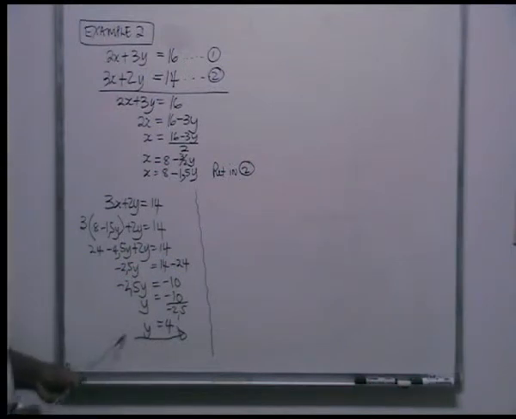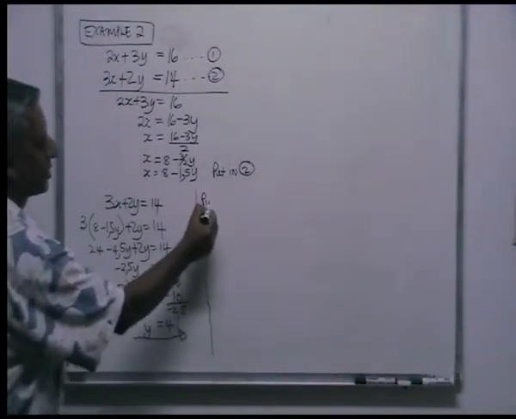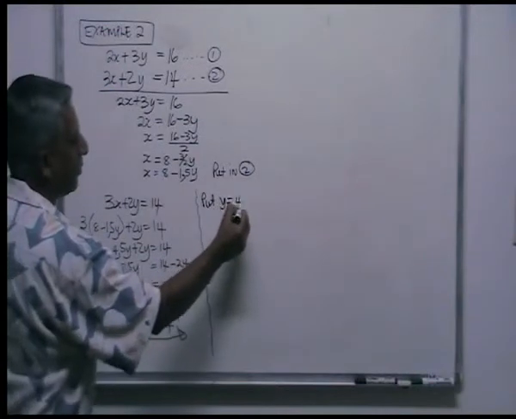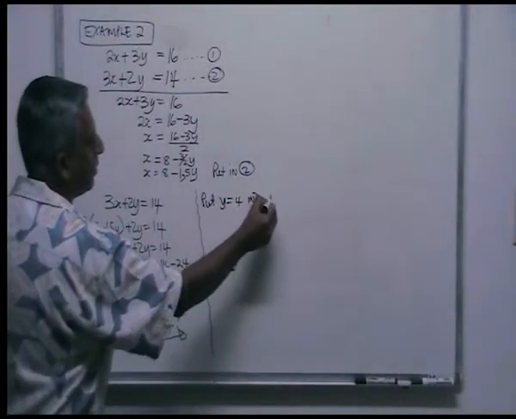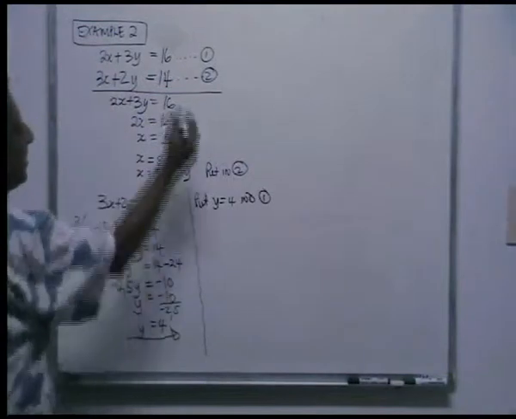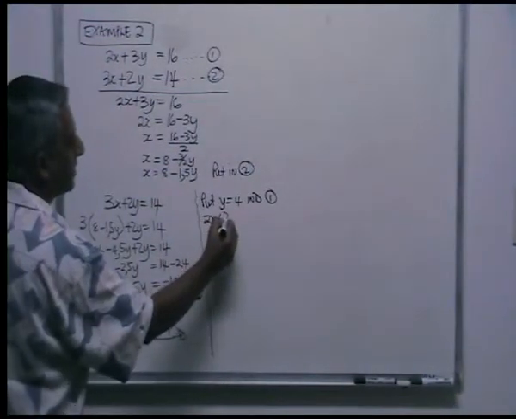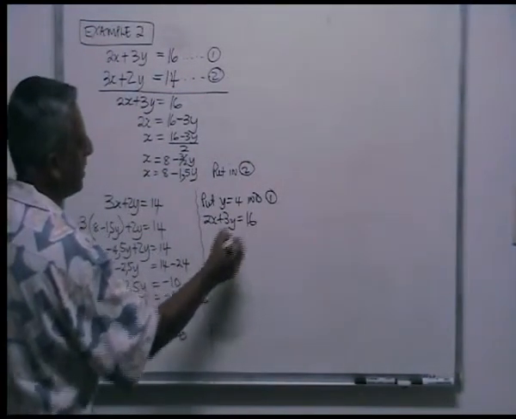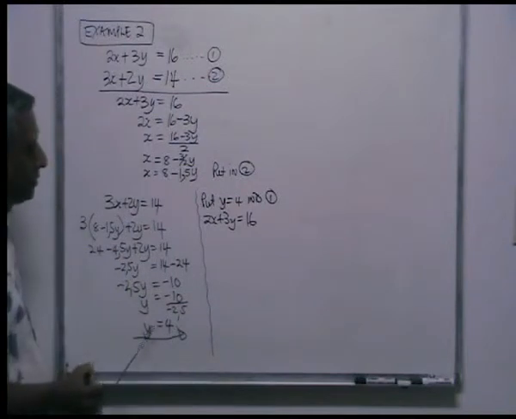Now you know that y is 4. So you go and put this into number 1. Put y equal to 4 into number 1. So what was number 1? 2x plus 3y is equal to 16. And y is 4.